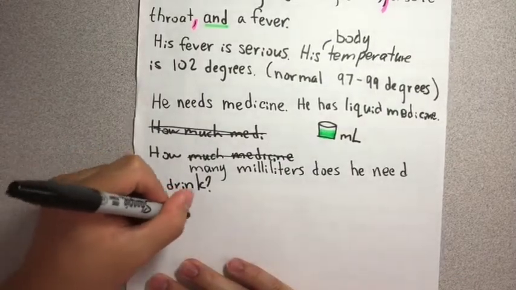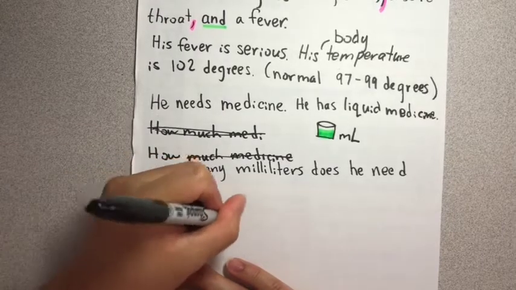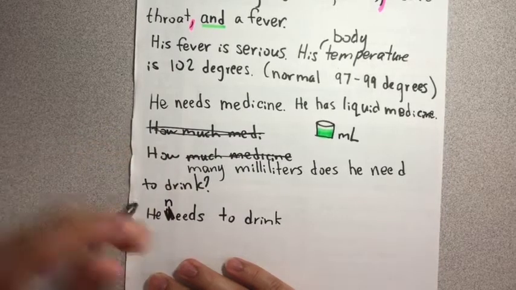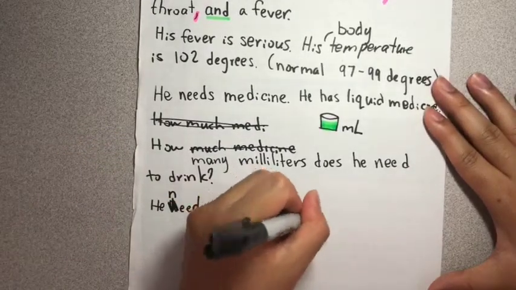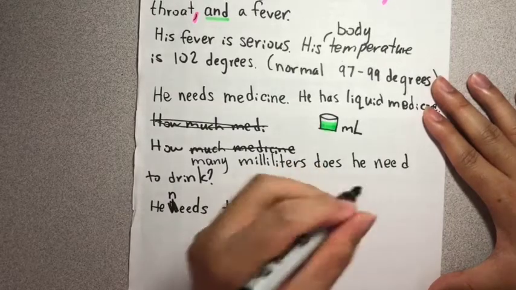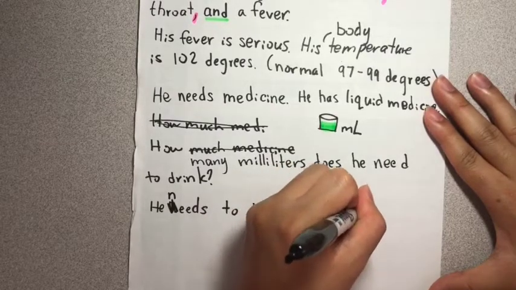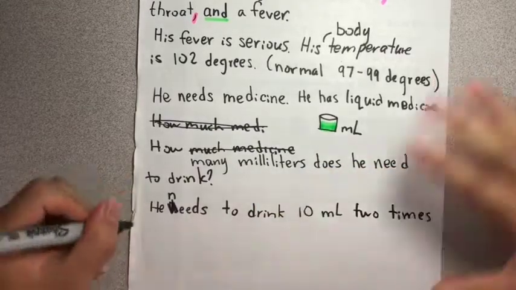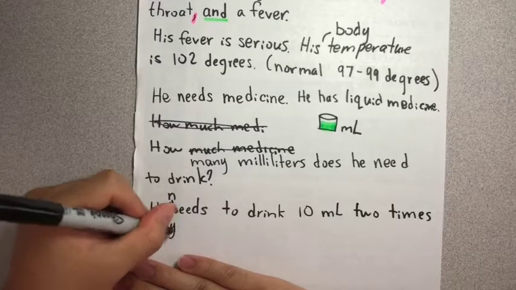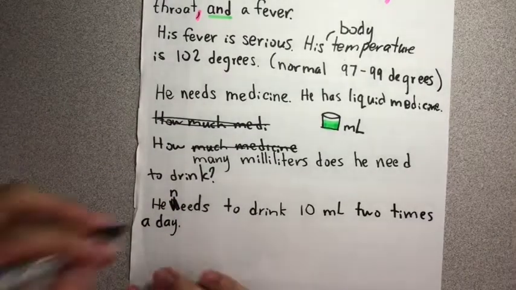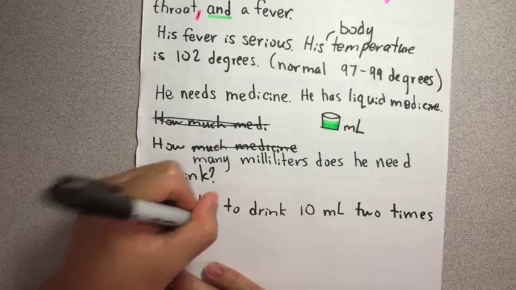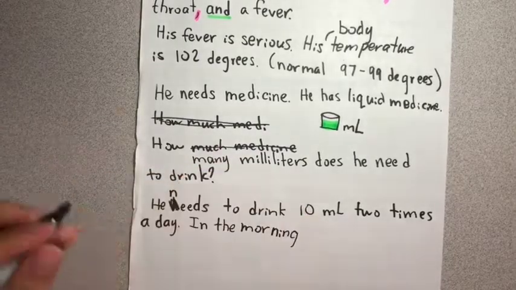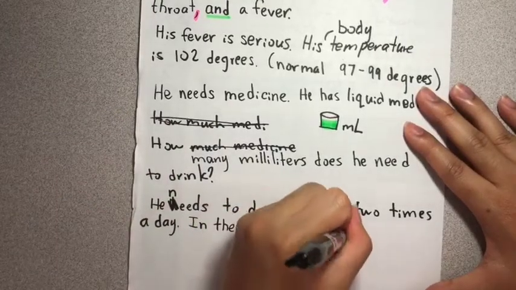He needs to drink. This is an N. He needs to drink 10 milliliters 2 times a day. 2 times a day. So let's say in the morning and at night.